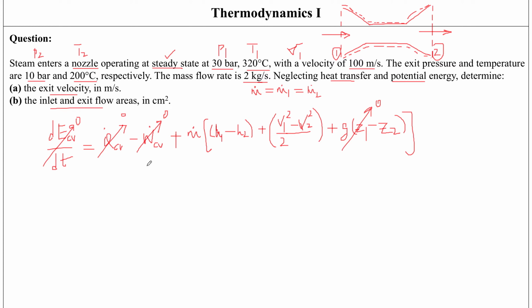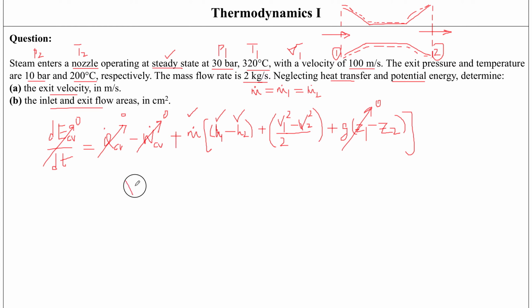And now that we've got all of this left, we can see the knowns and unknowns here. You've got m dot, which you already know. Enthalpy information, H1 and H2, how are you going to find that out? You're going to go to the tables. You already have the pressure and temperature at both sections, so you can find H1 and H2 from the tables. You've got velocity given at the inlet, so you can find the exit velocity.